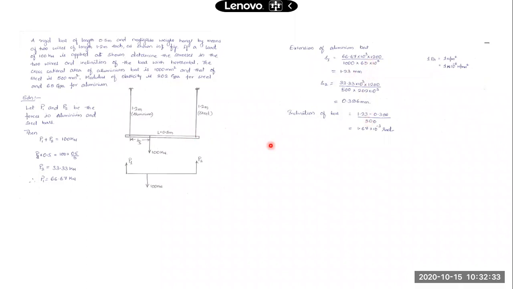What we actually require is the inclination of the bar. So you have delta 1 minus delta 2, so that bar will get rotated. So what you have is delta 1 minus delta 2 divided by 0.5 or 500 mm, so it is in terms of mm. That is the inclination in terms of radians.